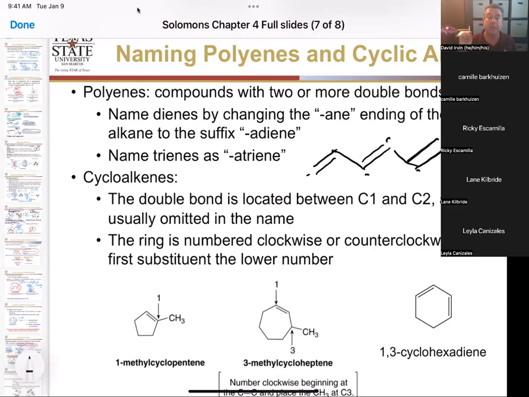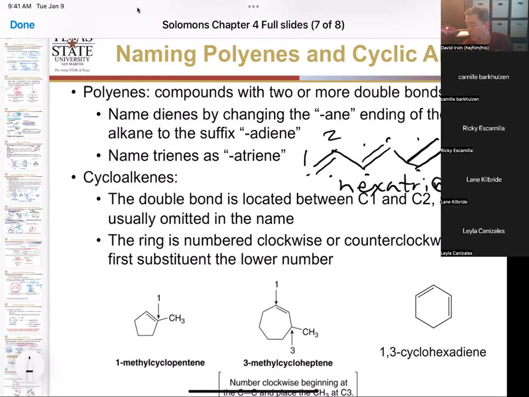So that's going to be hexene, but we have more than one ene. So we have 1, 2, 3 alkenes. So it's going to be hexatriene. But we have to identify where they are.